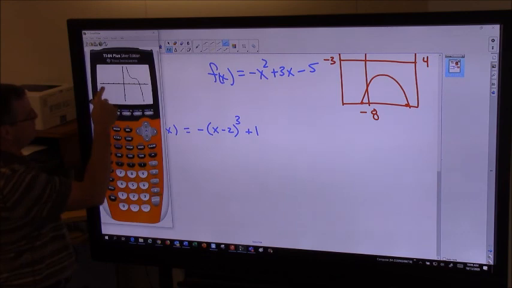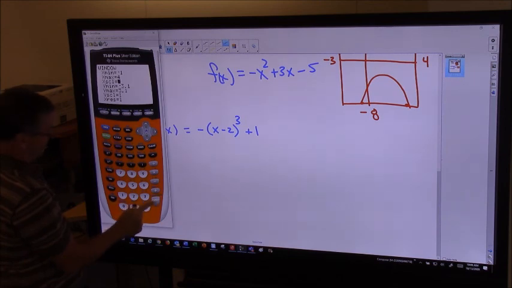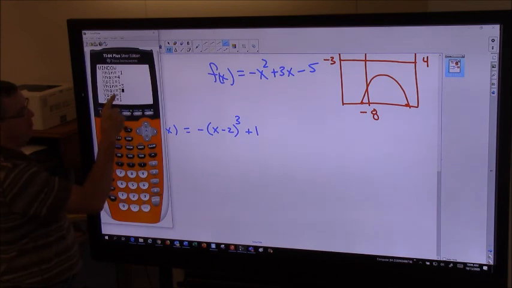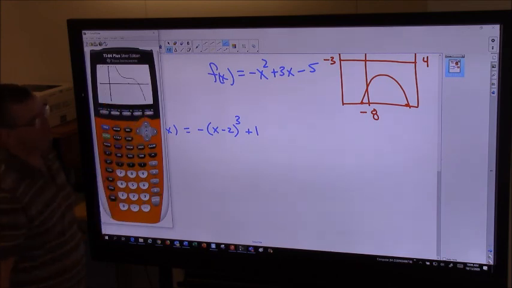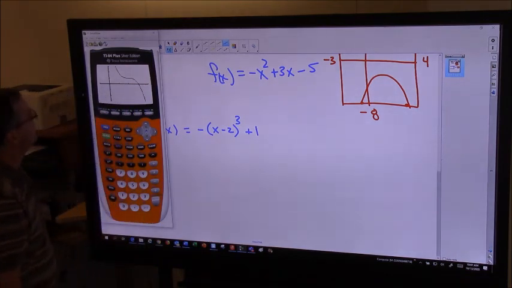Okay, I don't need to see all this stuff, so maybe I'll change my window just a little bit. I'll go from -1 to 4, and from -3 to +3. And remember, the only reason I'm getting rid of those decimals is it just makes it a little bit easier to label everything over here. So there's my picture.